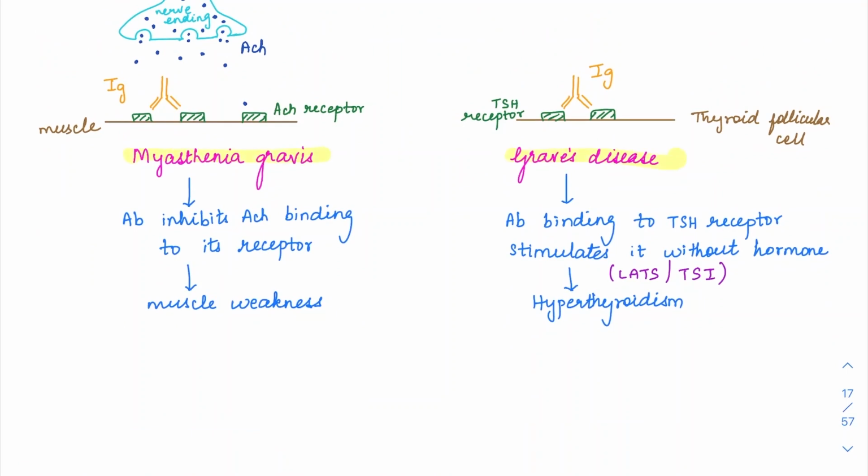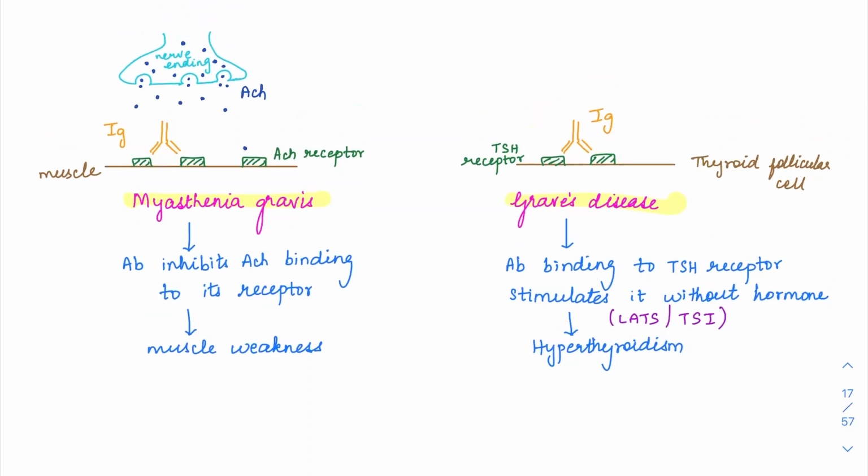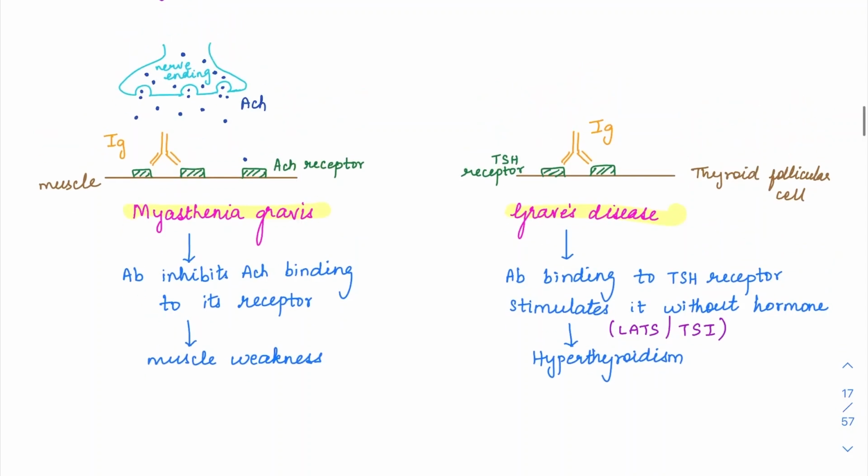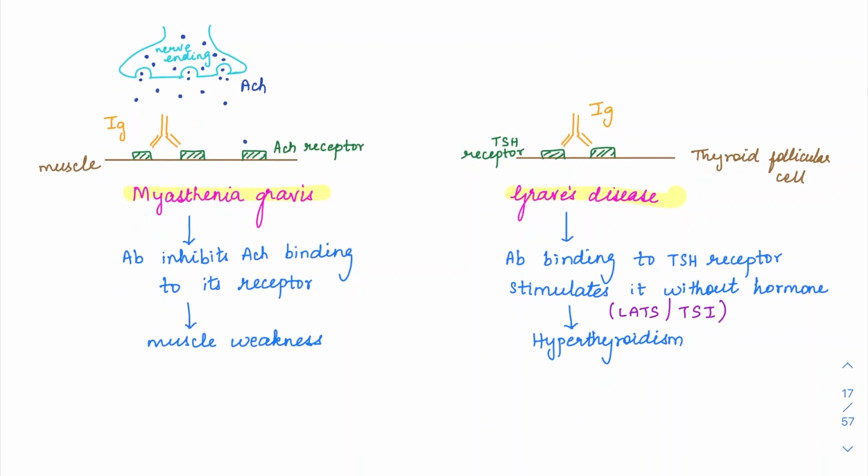So here, at the nerve muscle junction, at the nerve ending there is going to be production of acetylcholine. Acetylcholine is going to be released, and the acetylcholine receptors are present at the muscle end. Normally, this acetylcholine will come and attach to this acetylcholine receptor, which will result in the contraction of the muscle. Okay, this is the normal thing.